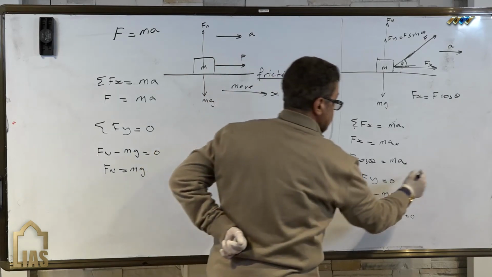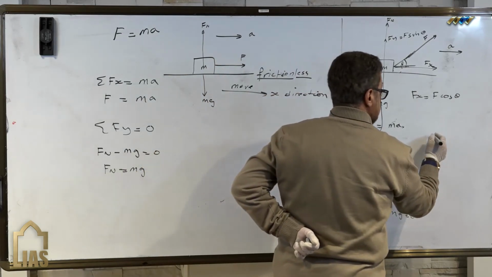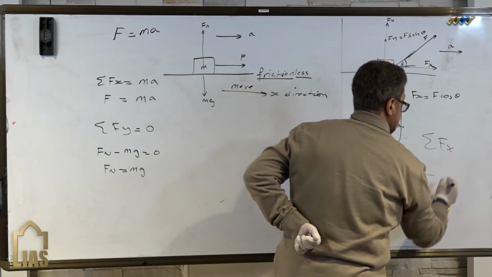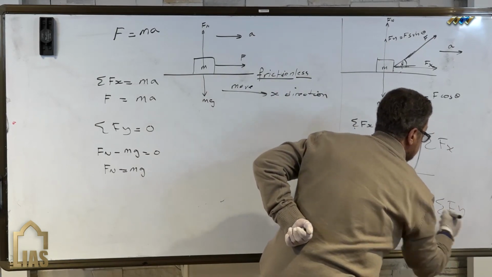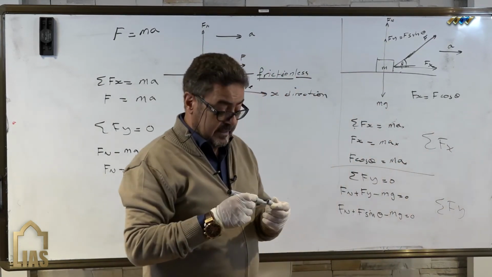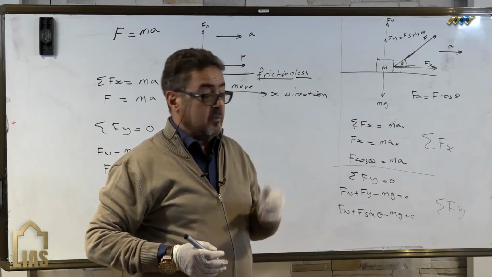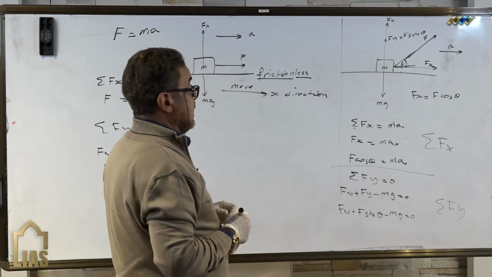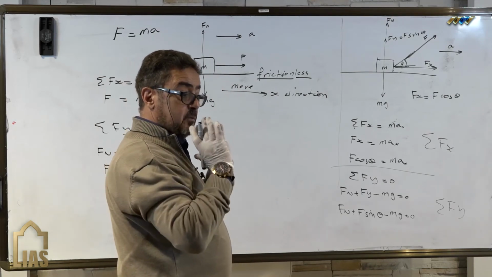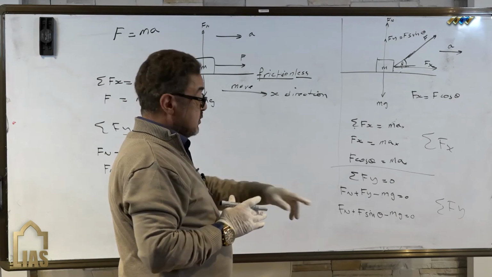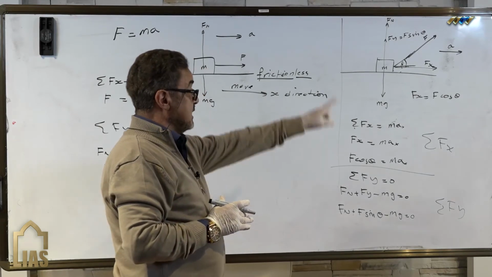Then we always have sigma Fx and sigma Fy, and we see whether the mass moves in the x direction or in the y direction. If it moves in the x direction and not the y direction, then sigma Fy is zero, as we see here.